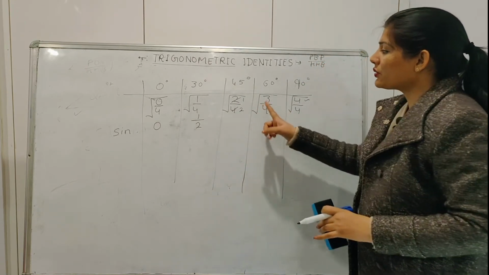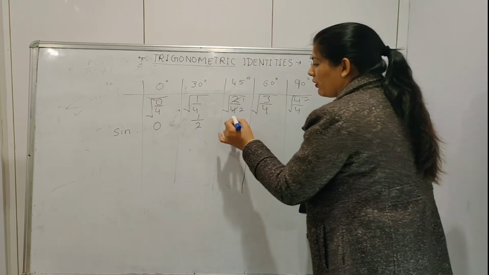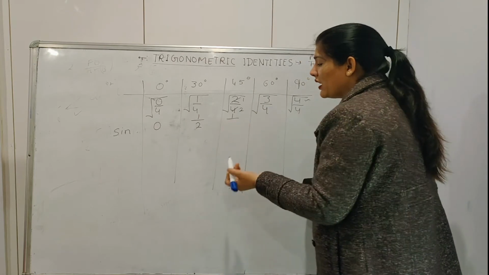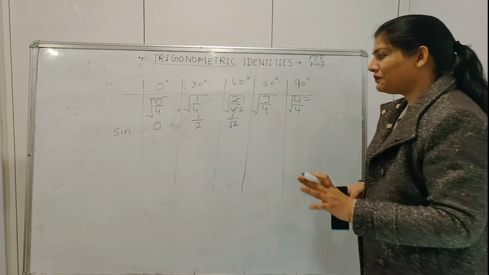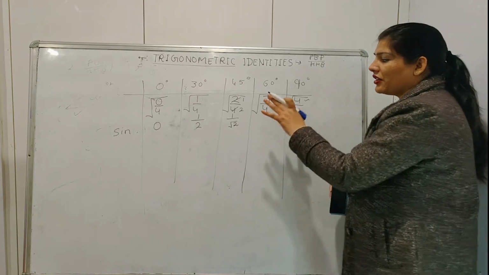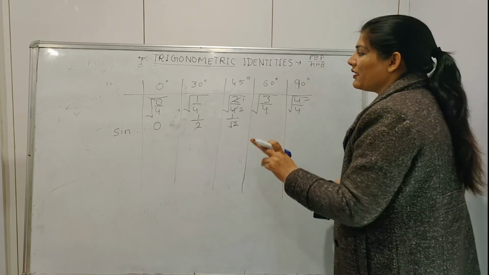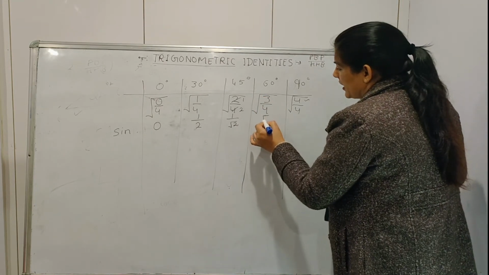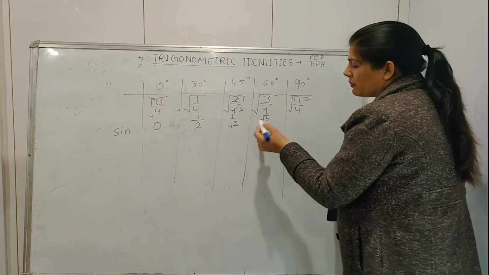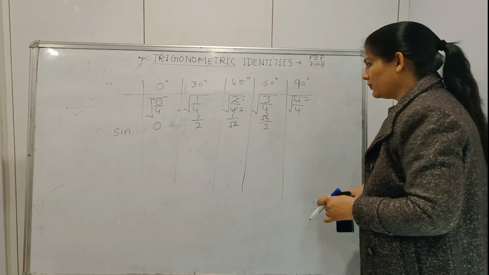So under the square root we have 1 upon 2. So what is the square root of 1? It is 1. But 2 is not a perfect square, so it will remain unchanged under the square root. So you can write it as 1 upon root 2, which is the value of sine 45. And here again 3 is not a perfect square and you cannot simplify it. And the square root of 4 gives you 2.